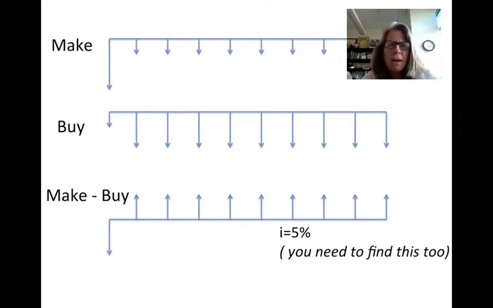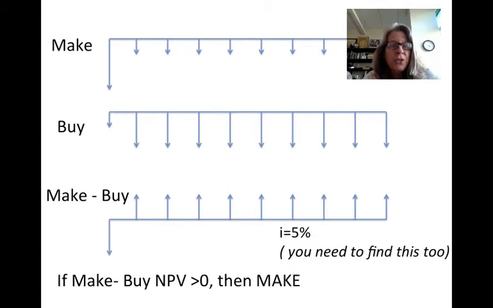Most companies have an interest rate they recommend using. It's usually a pretty low interest rate, around 5% or so. If the net present value of the last cash flow diagram, make minus buy, is greater than zero, then that means it's better to make the product. So we would go through an engineering economy kind of analysis.